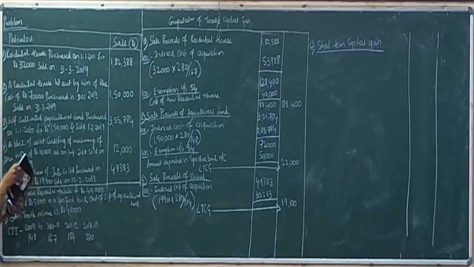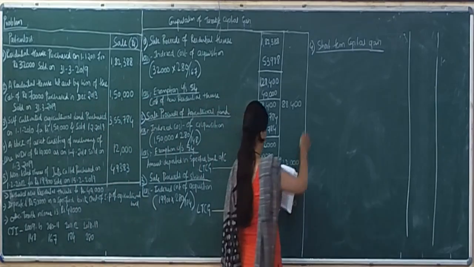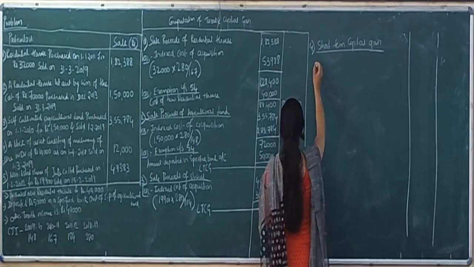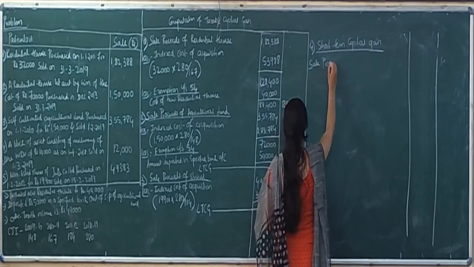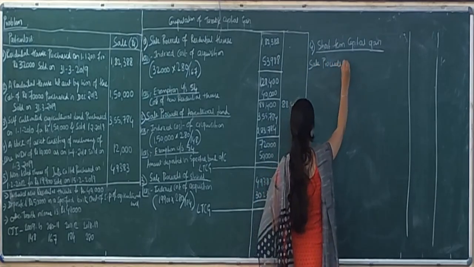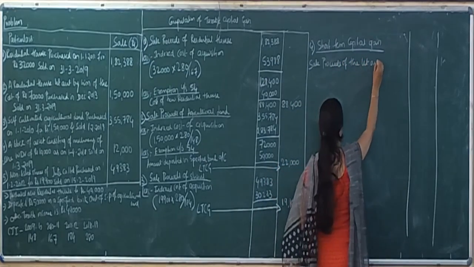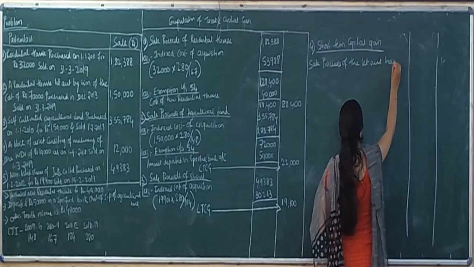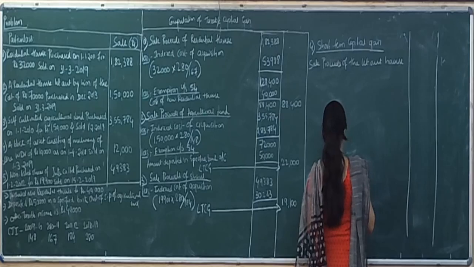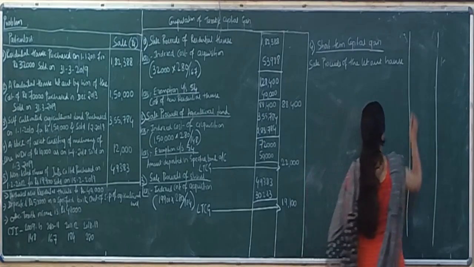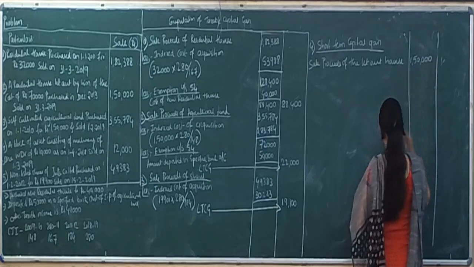Okay, so now here we can write sale proceeds of the let out house, that is 1,50,000.